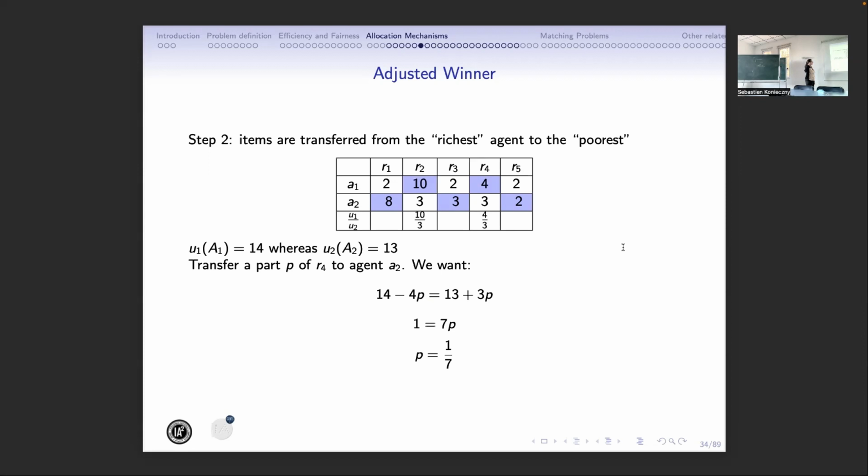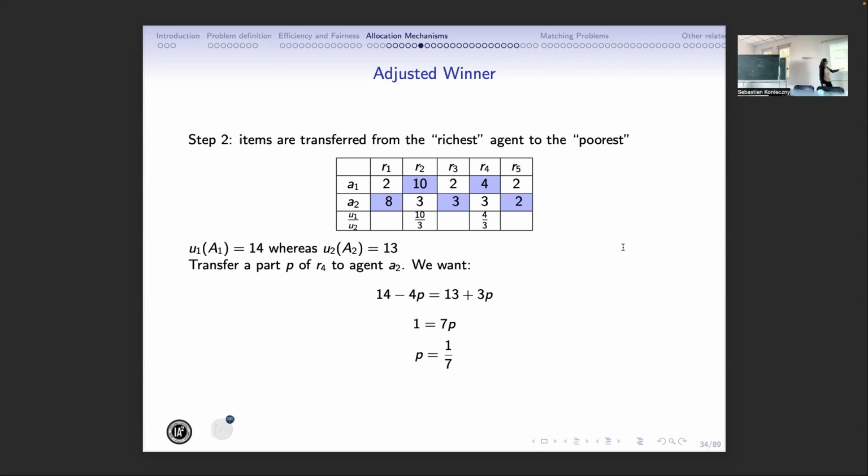The second will be the richest, and the first will be the poorest. So we have to transfer a part of R4 to make both agents have the same utility, and to compute which part of R4 we have to transfer.